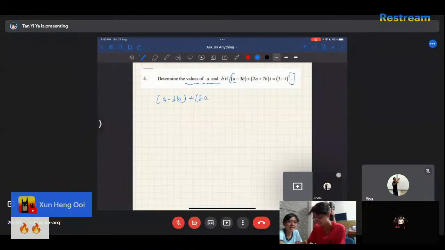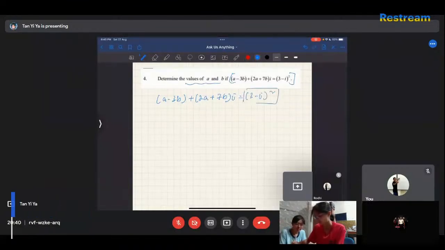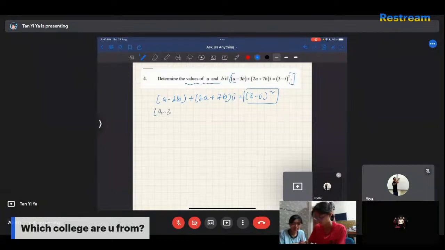No one is saying anything in the private chat. I think it's okay. Okay. So we have to expand this. So it will be 9 minus 6i plus i squared.